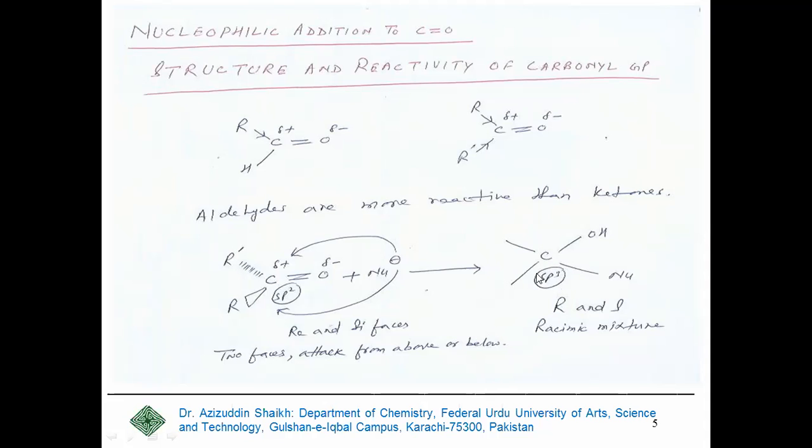If the carbon has four different groups, it is chiral, and nucleophilic addition will give two stereoisomers, R and S, because of two-side attack. Re face attack gives the R stereoisomer and Si face attack gives the S stereoisomer, so a racemic mixture will be obtained. This is the stereochemistry of nucleophilic addition.